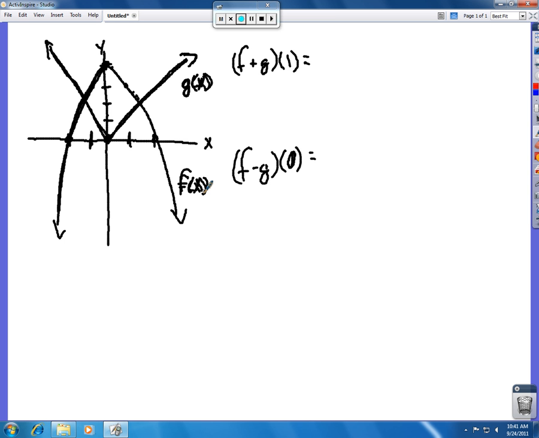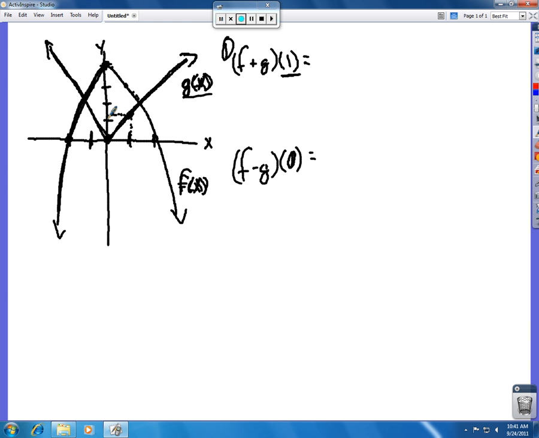And first question is, what is f plus g of 1? So again, this 1 is in place of x. So what you would do is go to your graph. Let's look at g of x first. So we go to where x is equal to 1, and we come up to wherever the graph is for g, and go over to wherever it's equal to on y.